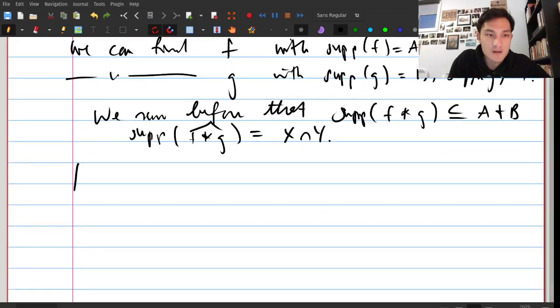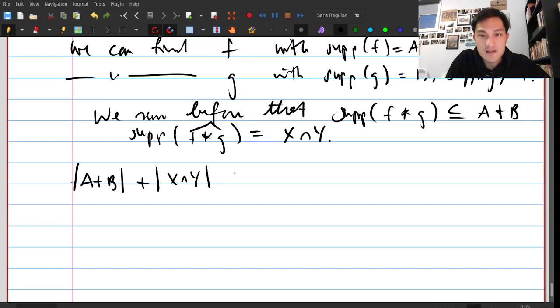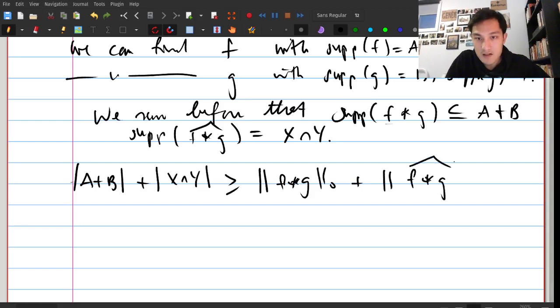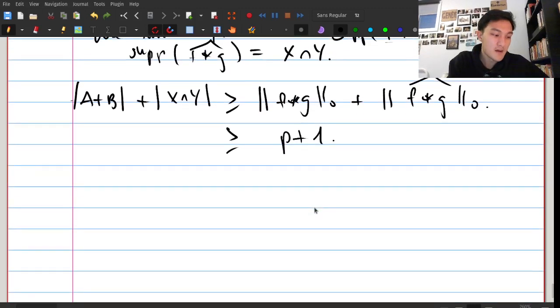So the size of a plus b, plus the size of x intersection y, is going to be at least, because a plus b is a superset, the size of the support of f star g, so f star g's zeroth norm, plus f star g hat zeroth norm, right? But by Tao's uncertainty principle, again, using the other direction now, we know that this is at least p plus 1.